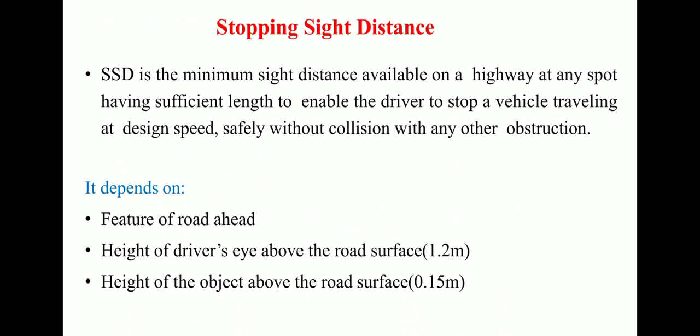Now we'll study stopping sight distance in detail. See friends, from here onwards all the topics are very important. Pay attention clearly. So what exactly is stopping sight distance? Stopping sight distance is the minimum distance available on the highway at any spot, of sufficient length to enable the driver to stop a vehicle traveling at the design speed safely without collision with any other obstruction.